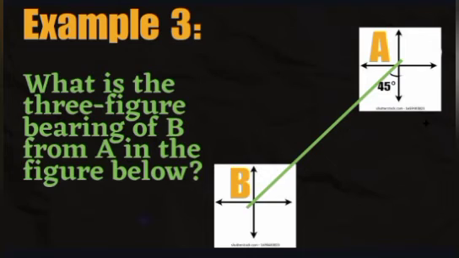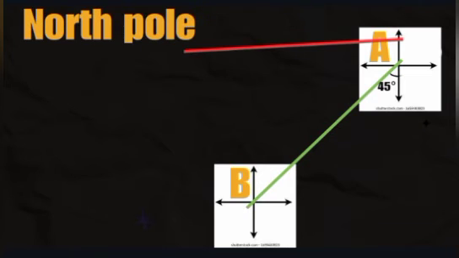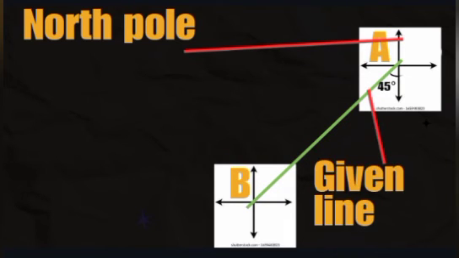But this time around, we are going to calculate our angle from the North Pole on point A. Now if you look at this, you see that this line here is our North Pole and this is our given line. So three-figure bearings is the angle formed between the North Pole and the given line in a clockwise direction.